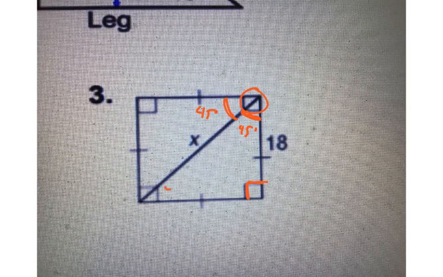So now that we know we have a 45, 45, 90 again, if that's 18, isn't this side here got to be 18? They've got to be the same. What about the hypotenuse x? Isn't it simply 18 times the square root of 2? Hopefully you got 18 square root of 2 there. All right, pause the video if you need to.